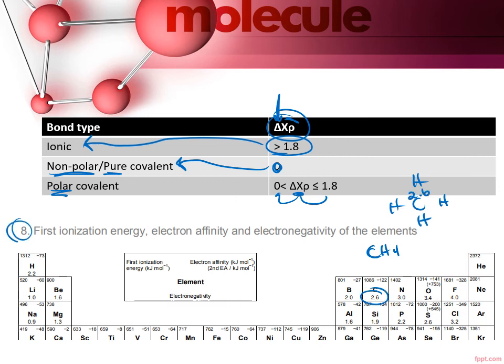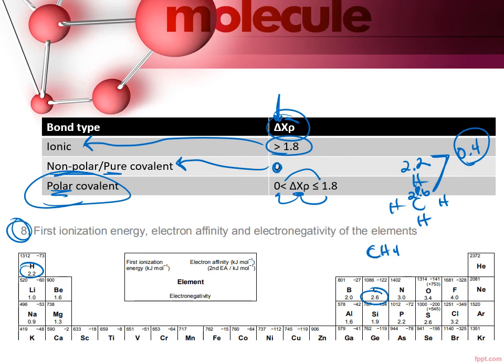This is table 8 in your data booklet, by the way. So carbon is 2.6 and hydrogen is 2.2. I only look at the difference in that single bond, between carbon and hydrogen: 2.6 minus 2.2 is 0.4. 0.4 is between 0 and 1.8, so this is a polar covalent bond.